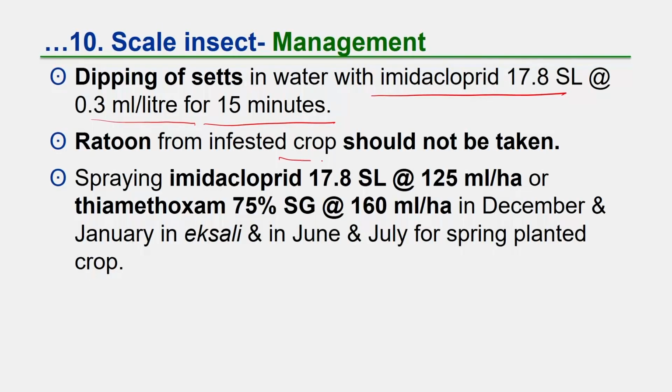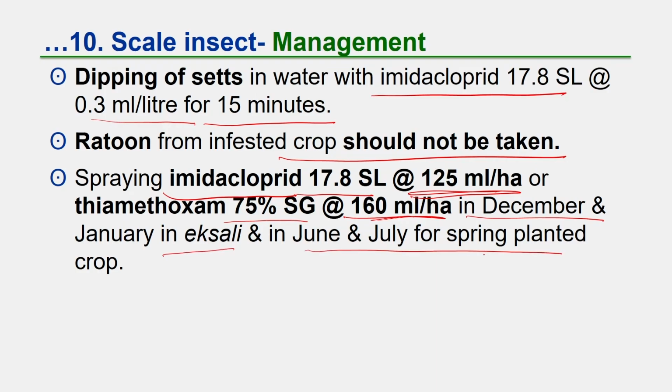Ratoon from infested crops should be avoided, and spray the crop with the same insecticide, imidacloprid 17.8 SL at 125 ml per hectare, or thiamethoxam 75 SG at the rate of 160 ml, in December and January in eksali and in June and July for spring planted crop. So it gets dominant particularly in spring crop in the subtropical belt.